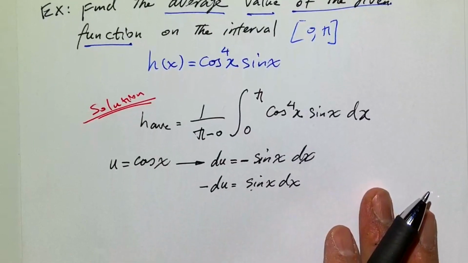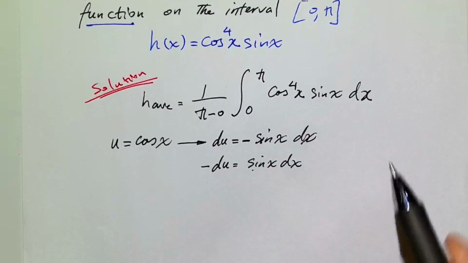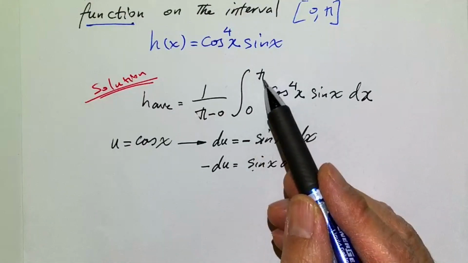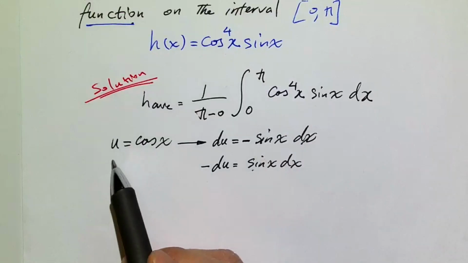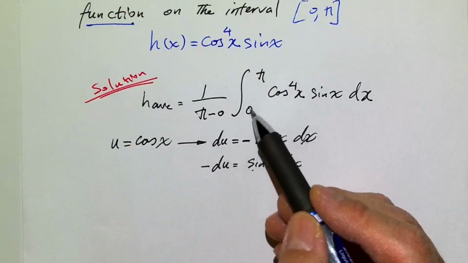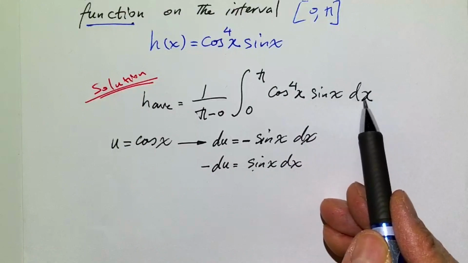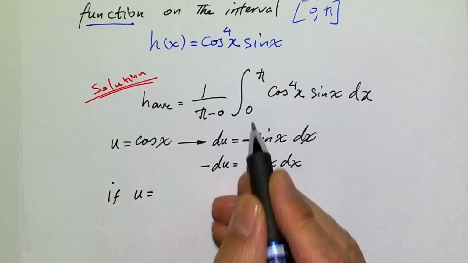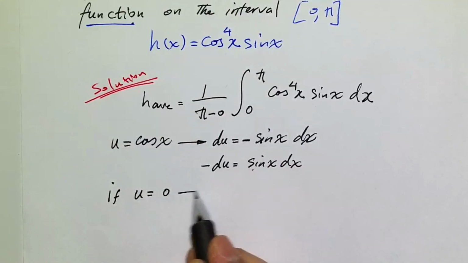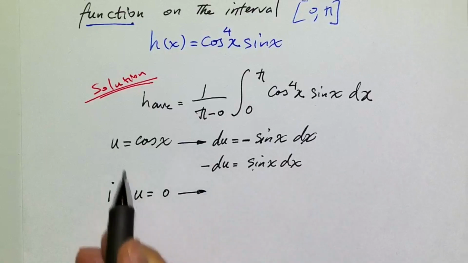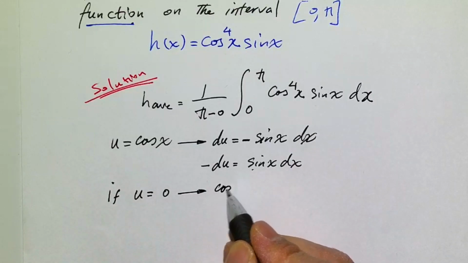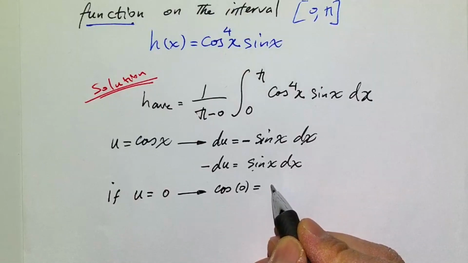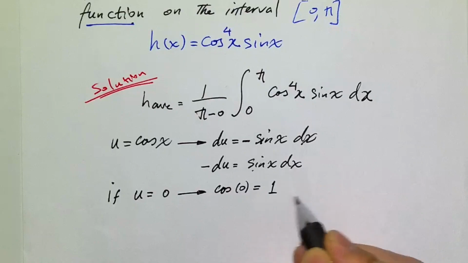Okay, so the other thing that we have to do, which I'm sure you know, is to figure out the lower and upper limits of integration for the new variable u, because these are for x and dx. So if x is equal to the lower limit of integration, 0, if you plug it in here, we have cosine of 0, which would be 1.